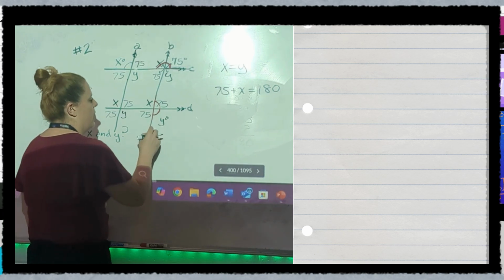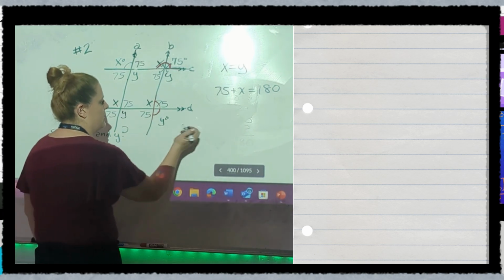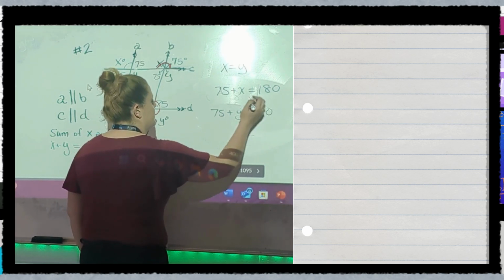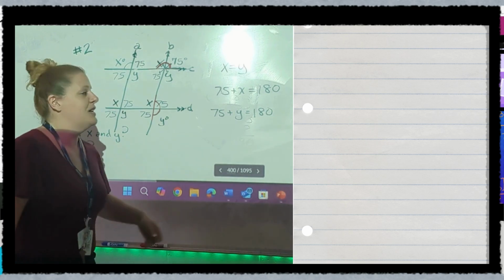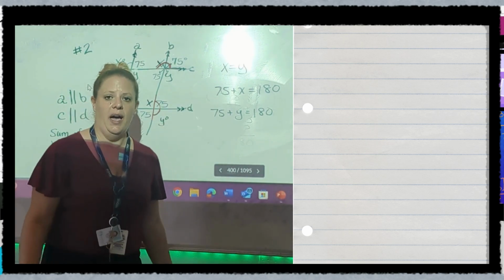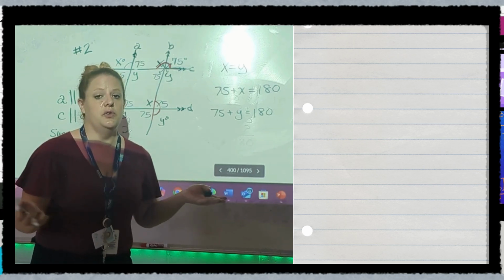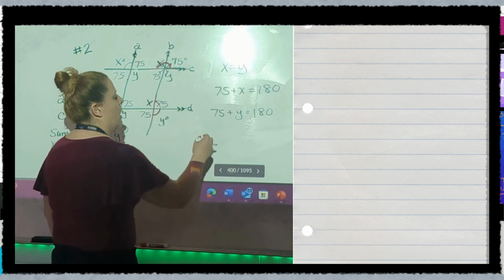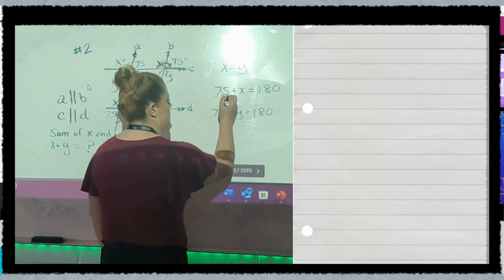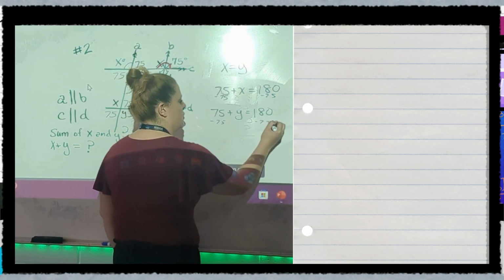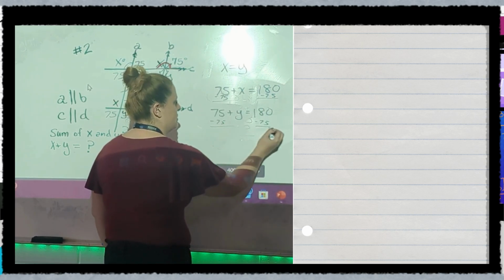Same over here. If we went this direction, we could say 75 plus y is 180. It doesn't matter which one you do because we already know x equals y. They're both correct. Doesn't matter which one you do or if you do both. Okay? So in either case, we subtract 75 from both sides. And again, you only have to do one of these.